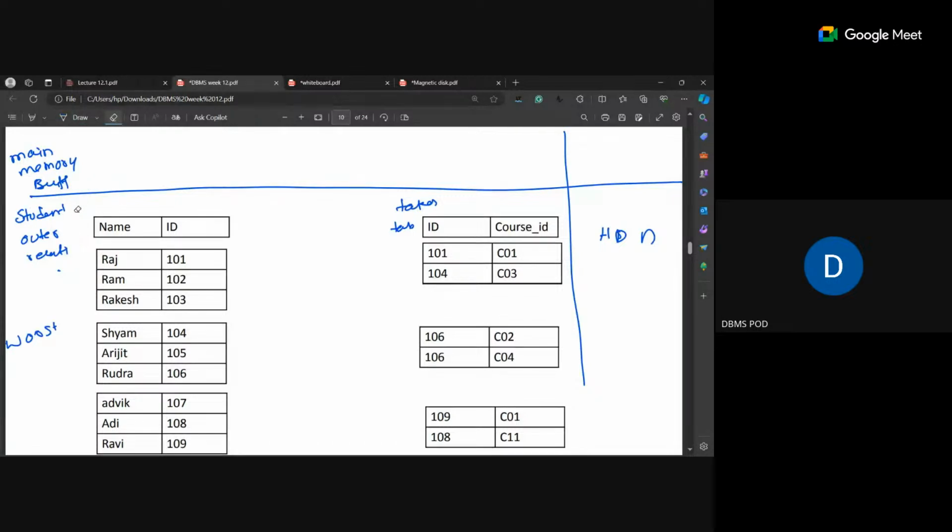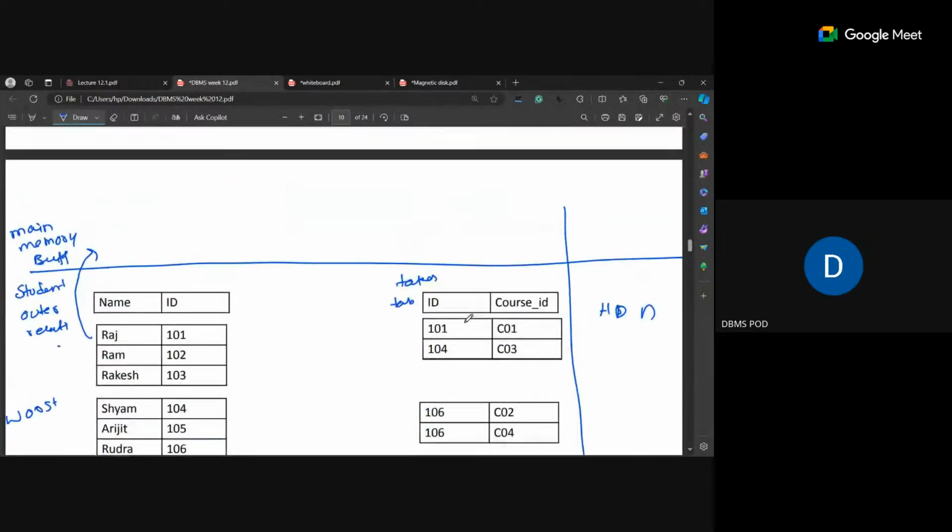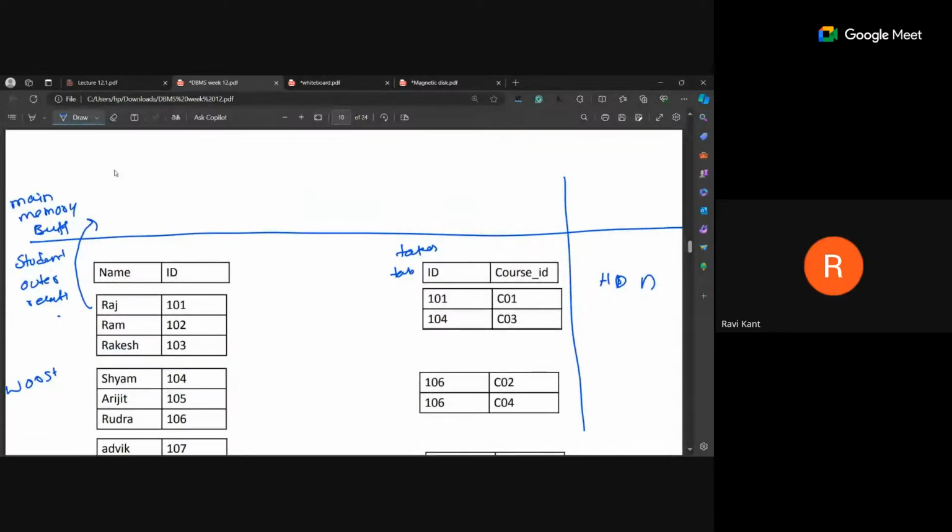So we are first considering worst case memory availability, right? First it will bring this block into main memory. Only Raj, or the whole block, sir? The whole block.